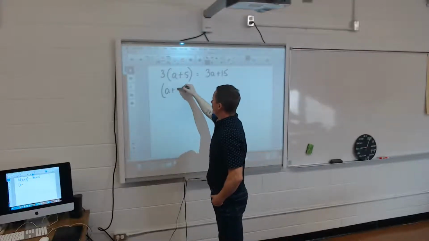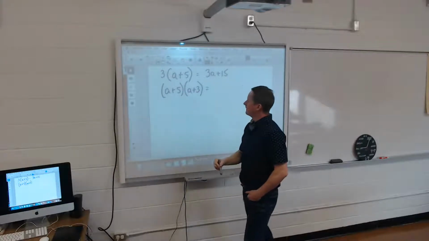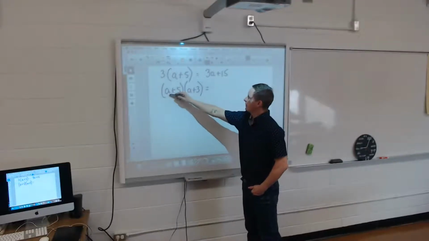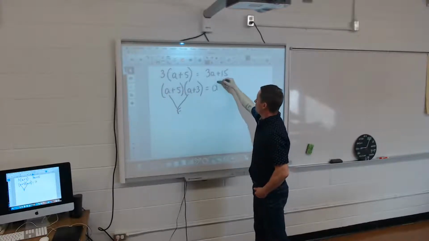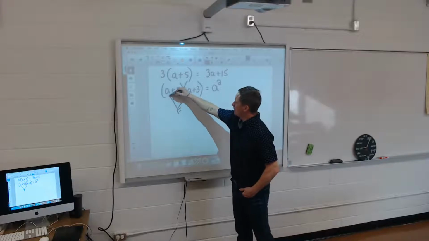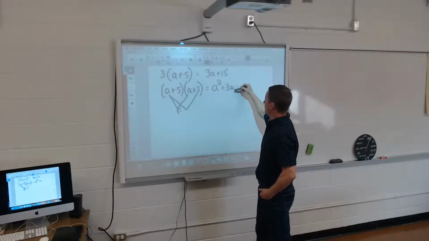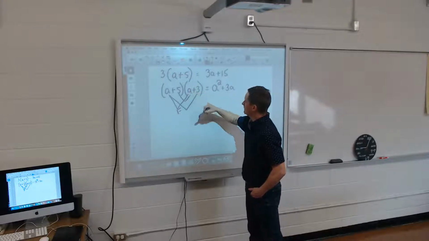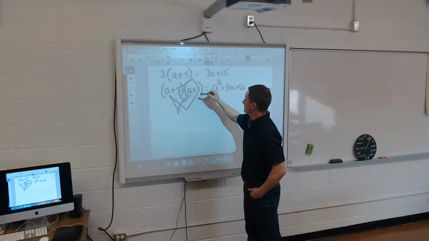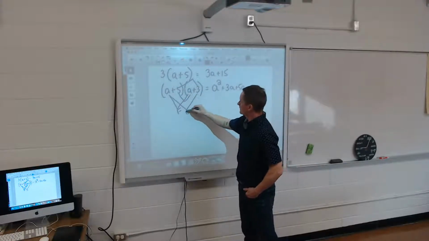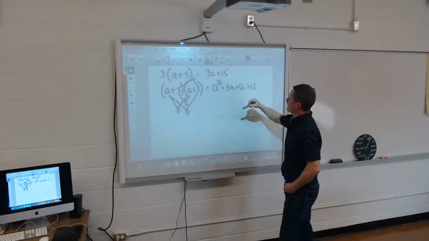Then we did the FOIL method, a plus 5 times a plus 3, in which we multiplied the first, so that's your first, so a squared, your outside plus 3a, your inside plus 5a, and then your last, so I've got outside, inside, and last, which was 15.